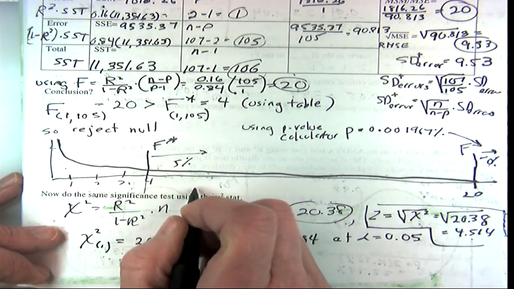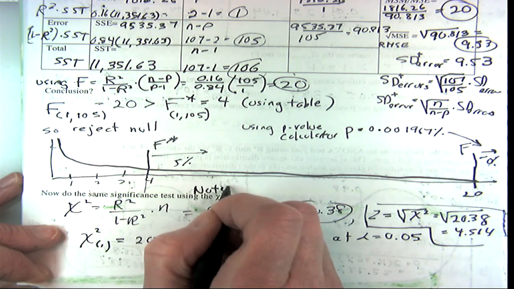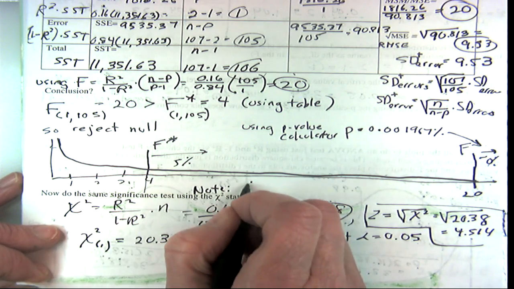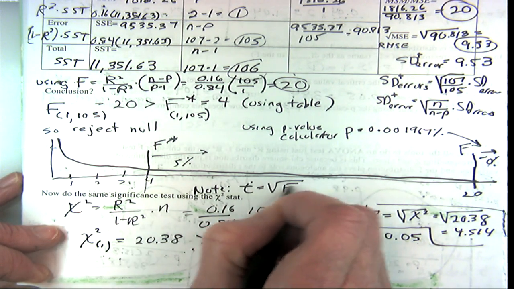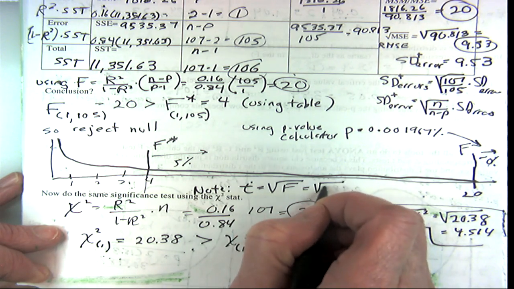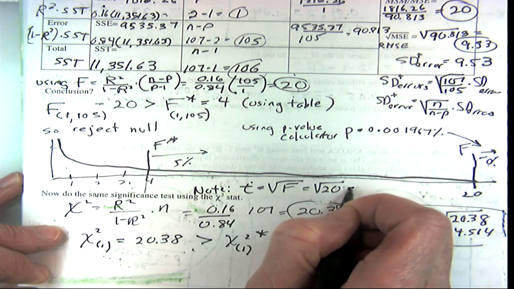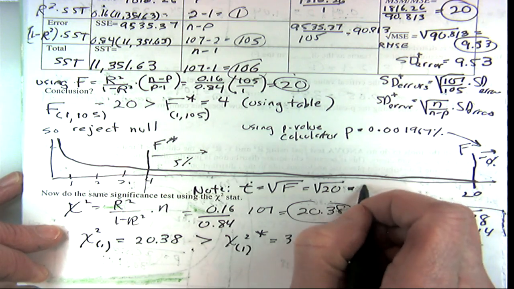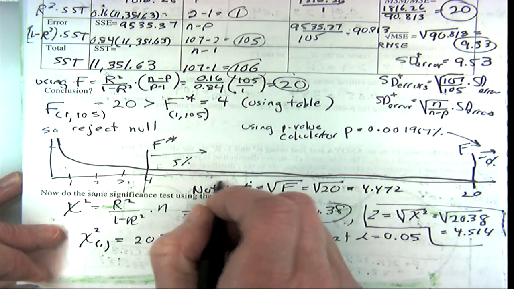And note, we'll write that too, here, that t is equal to the square root of F. So it would be equal to the square root of 20, which is 4.472.